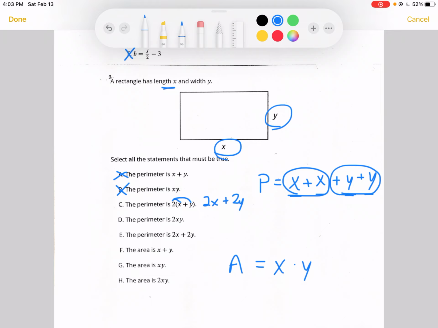So these two things are the same, and C is a good expression for us to use. D, they're taking 2 times x and 2 times y. That sounds like the area formula doubled, and we don't want area right now. We want perimeter, so D will not work.